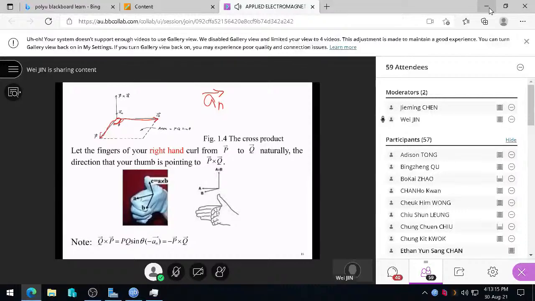Now, similarly for the Y component, the Ay component is here. You remove the row and column containing Ay, and you have these four elements left.